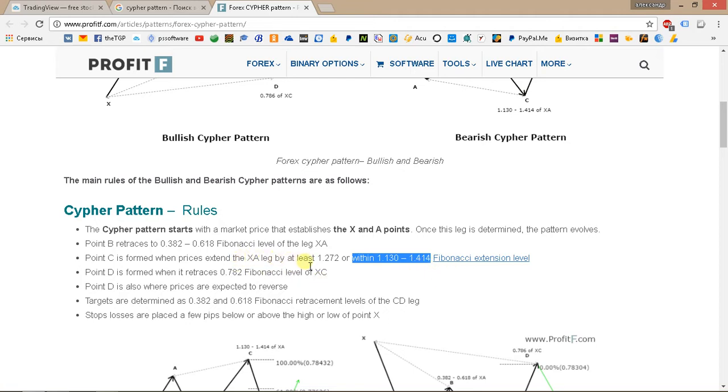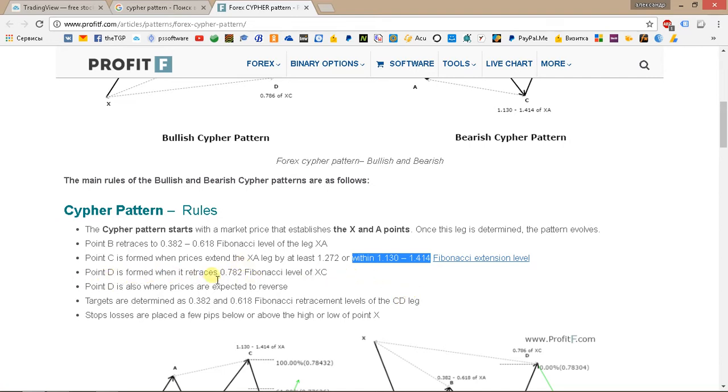It should extend by at least 127, and the candle close of this extension should not go past 1414. No 113, nothing like those. The candle wick can go further than 1414. It can go to 1618 or whatever level, as long as that doesn't violate the third rule, and I will tell the third rule in a second.